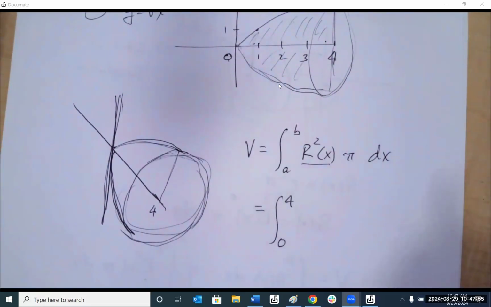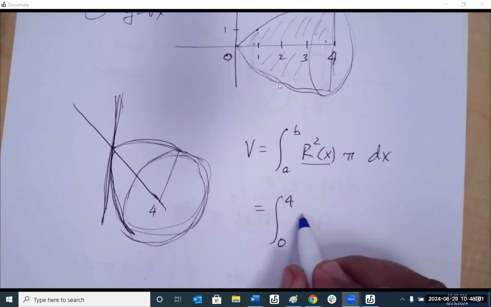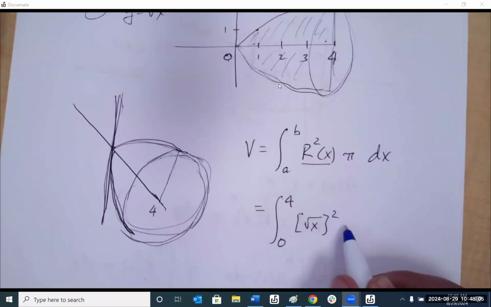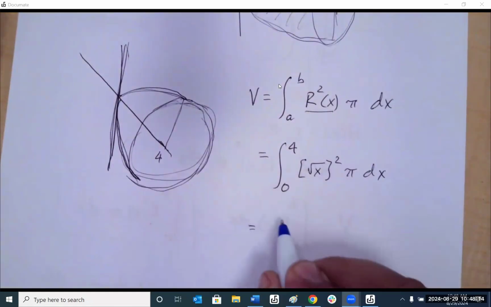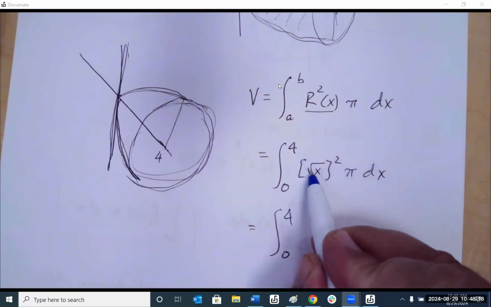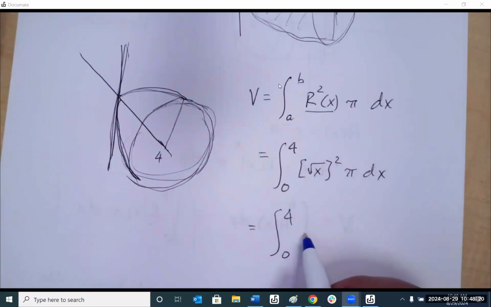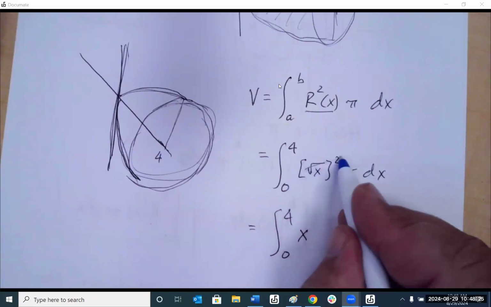What's our function? Square root of x, yes, squared times pi. The square root of x squared becomes x. They cancel.